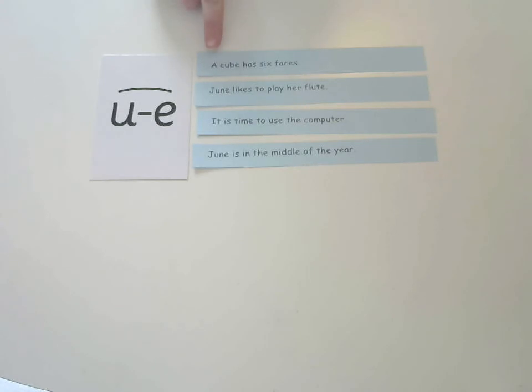Okay, so we have a cube. A cube has 6 faces. June likes to play her flute.